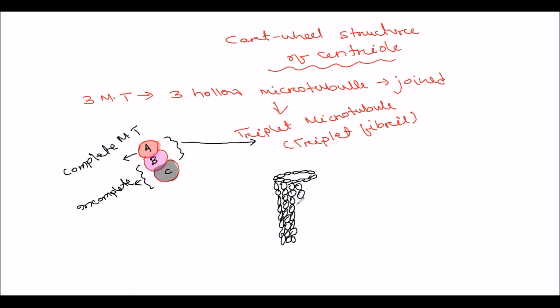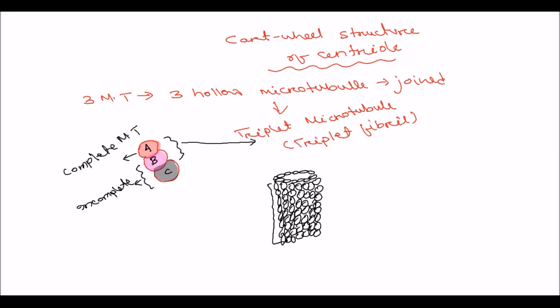In that wall there is also presence of our dimers, alpha beta tubulin proteins. The pair of alpha beta tubulin proteins are there. So this is one section.